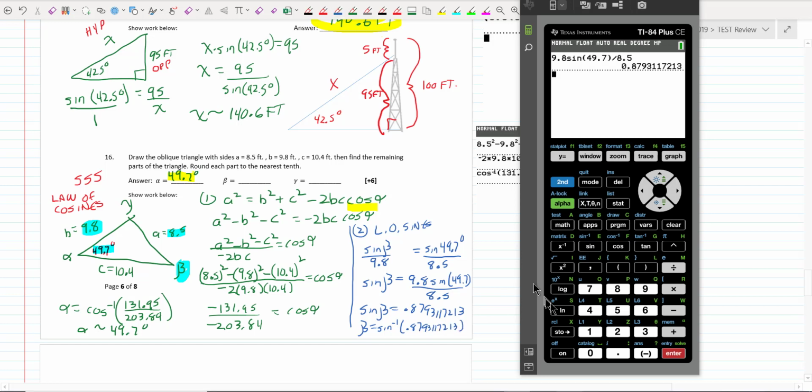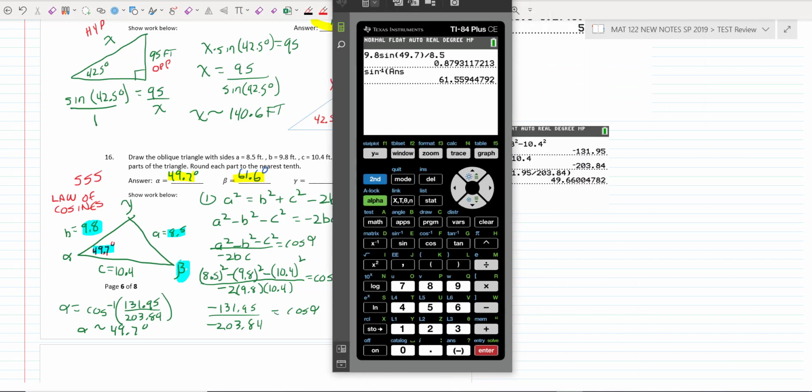Now remember the answer key stores the last computation. So the way I like to do this is just go inverse sine, use the ANS key, and then that gives the answer. So it looks like beta is going to be 61.6 degrees.